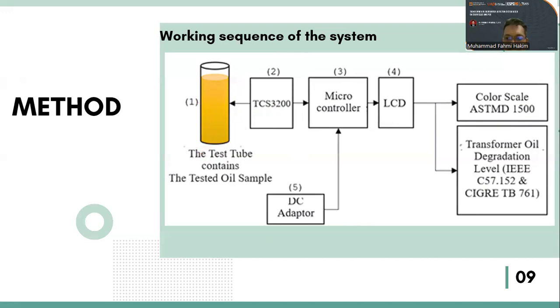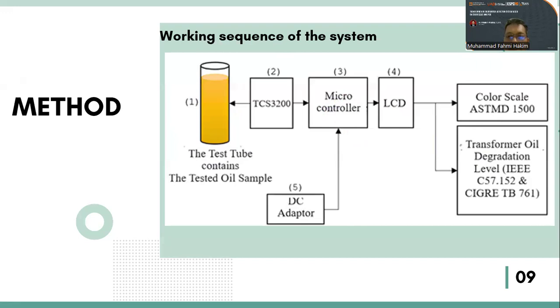the oil sample in the form of RGB values, and then the RGB values are sent to the microcontroller. The microcontroller converts RGB into a number code according to the ASTM D1500 2009 standard, that ranges from 0 to 8.5, using a regression equation with the multilinear regression method.